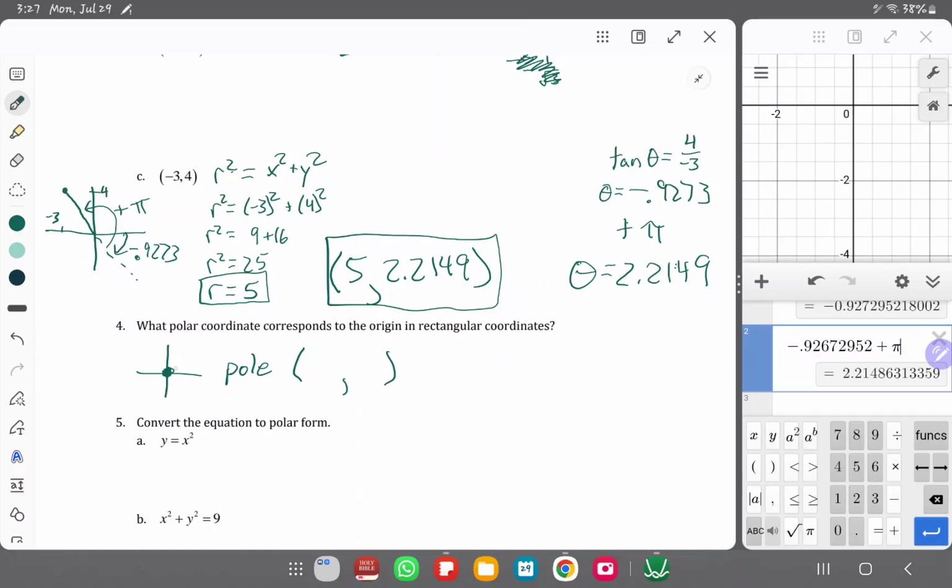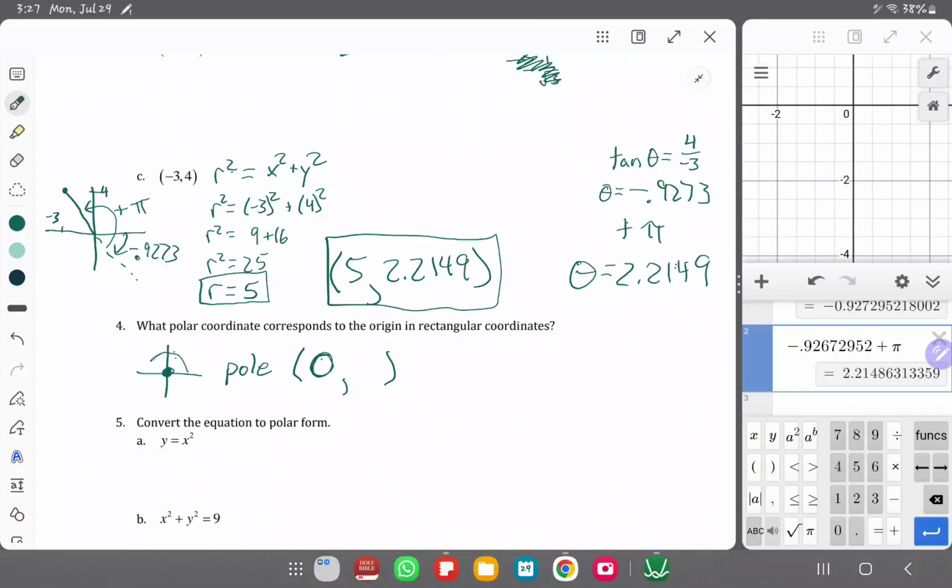All right. So with this one, how far out are we going? What is our r? And how far around are we going? What is our theta? Those are the two things we need to know. The r is going to be 0. We're not moving any distance away from that center point. The theta, though, what angle do I need to make? Well, I can actually do any angle that I want.